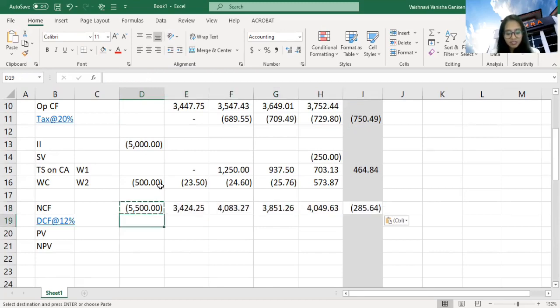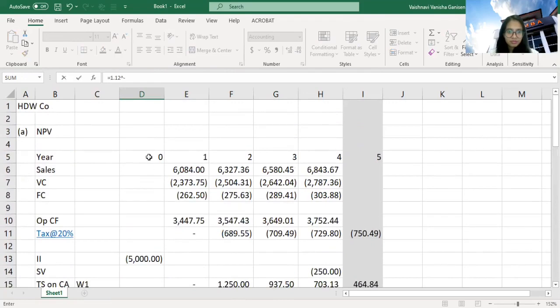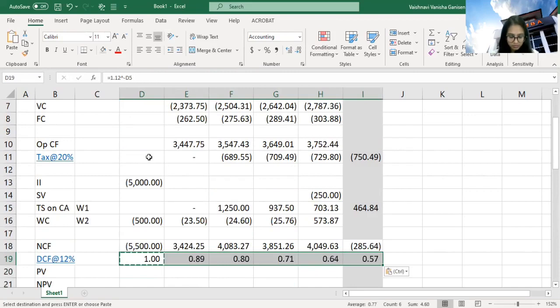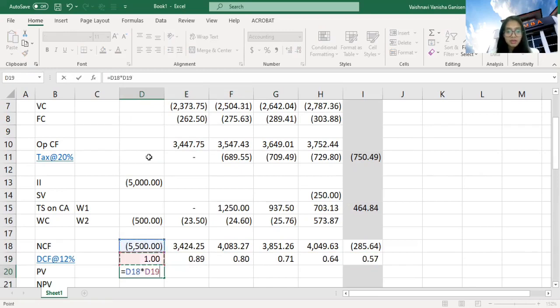And then your DCF, guys, by now you already should know how to do this. To the power of negative 0 here. Enter. Copy, paste. Equals to this, multiply this.